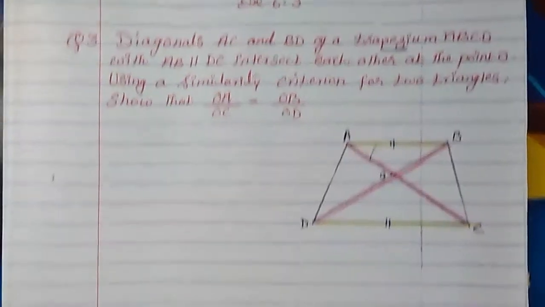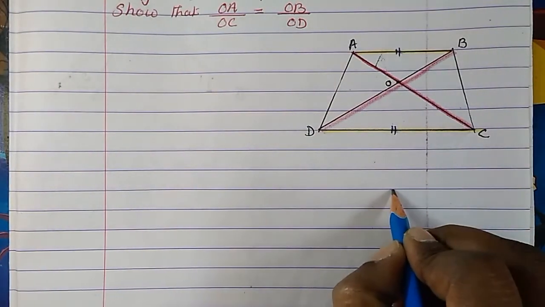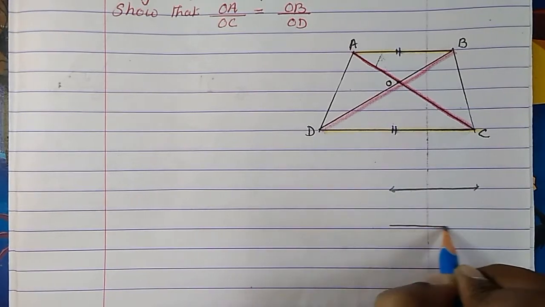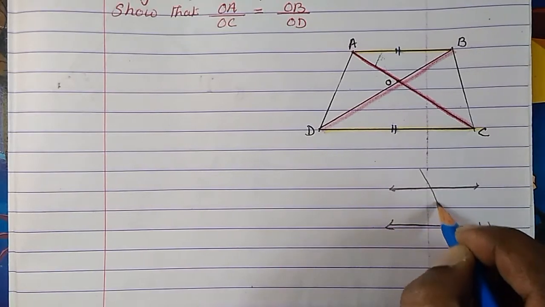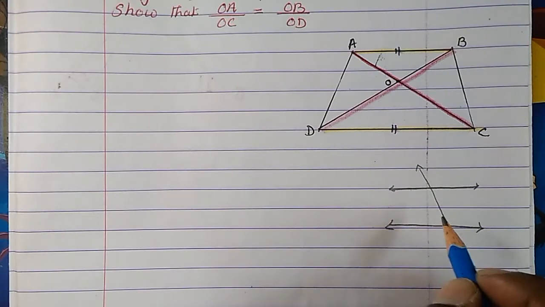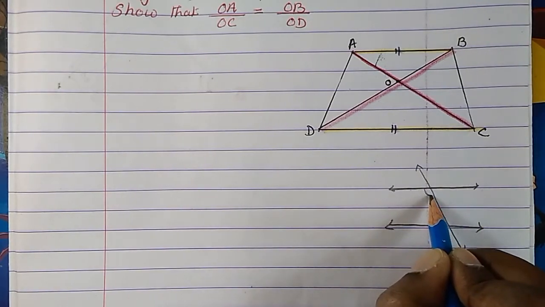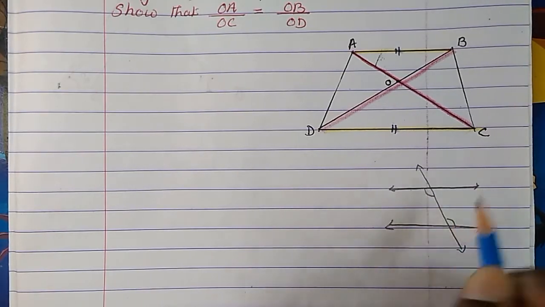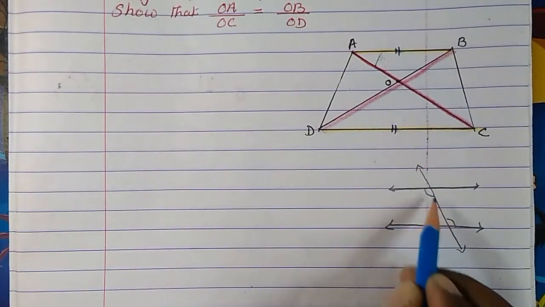Before that, let's try to recall. In smaller classes you have studied that when two lines are parallel and you have a transversal, then the angles formed are of different types. This angle is called the alternate interior angle, just the opposite. If two lines are parallel, the angles formed inside on opposite sides will be equal.